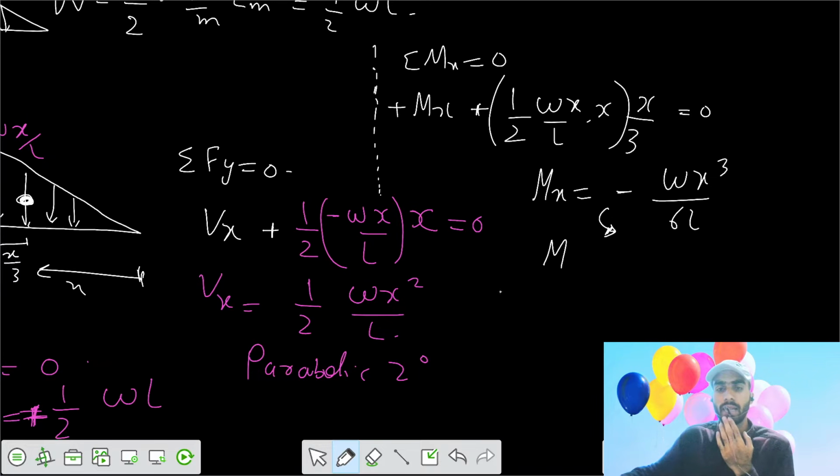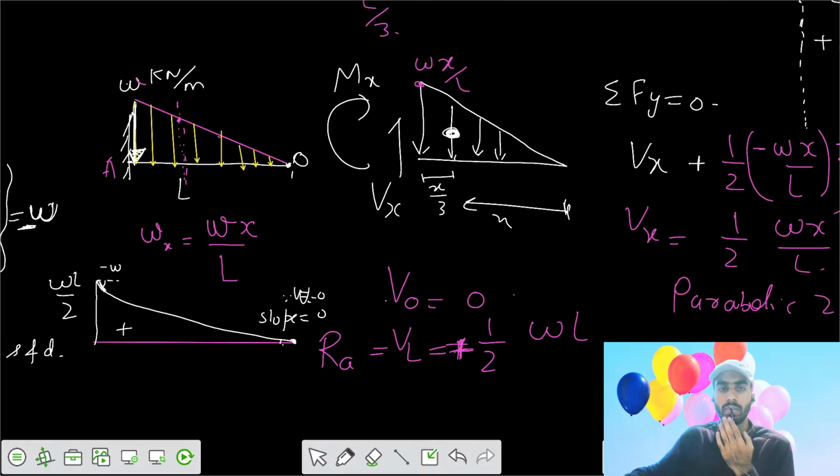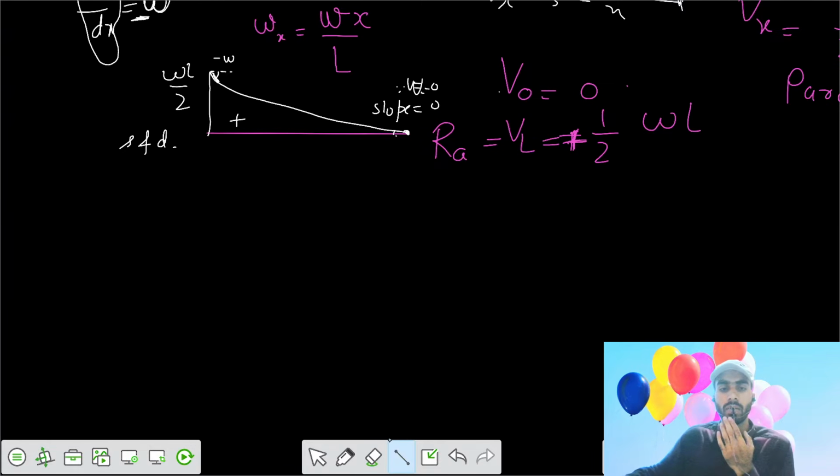So the moment at x equals 0 is 0. The moment at x equals L is minus WL squared by 6. That's also called the moment at A. If you want to make the bending moment diagram, the two critical points are here.